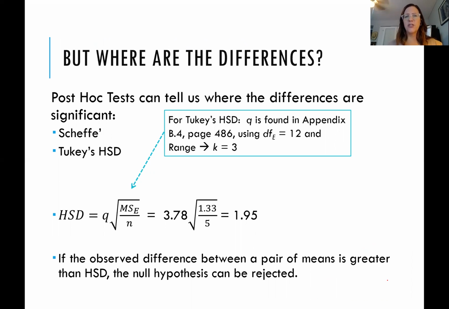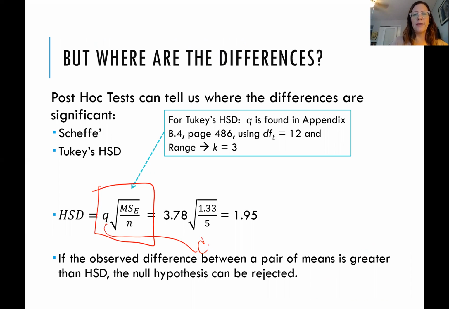So Tukey's HSD is this equation here. So Q is a critical value, okay? And that's going to depend upon your degrees of freedom error and what they call the range, which is K.